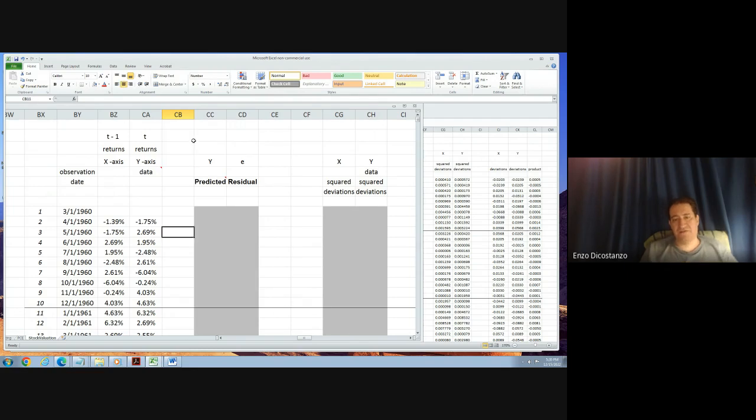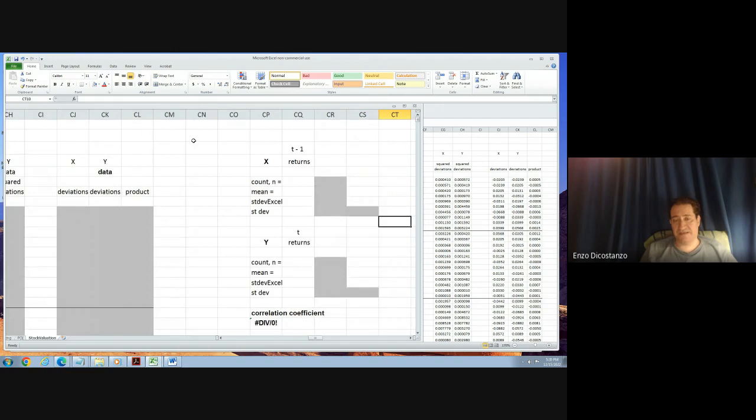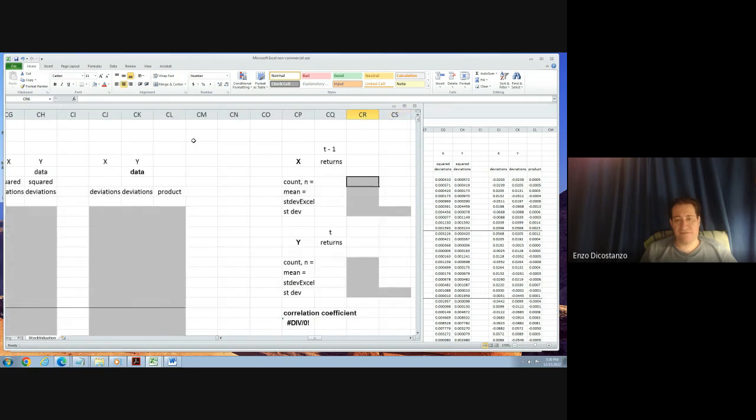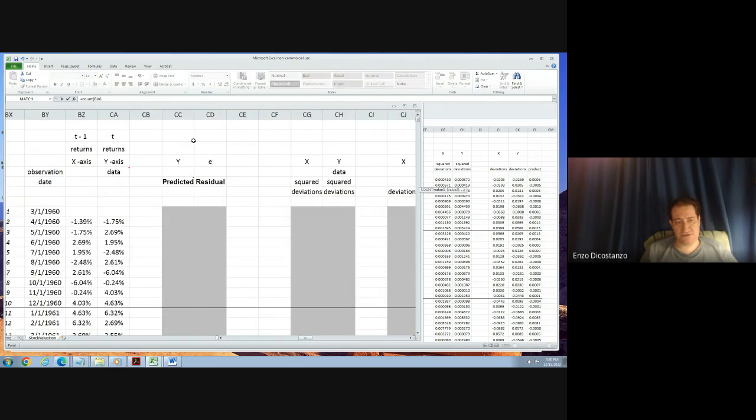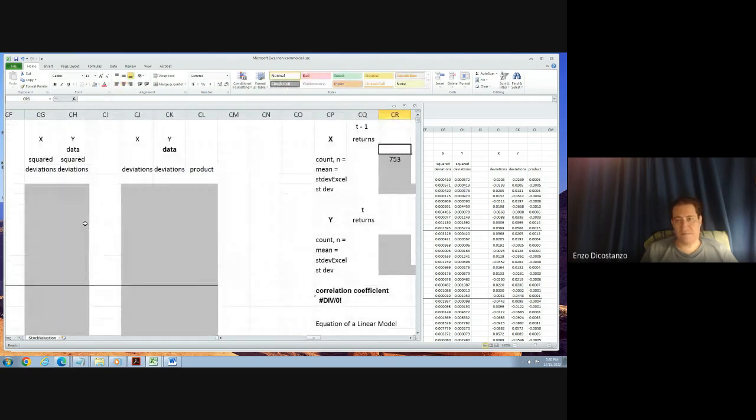Okay, so now what we need first is to count these things. Let's say equals count, parenthesis. Click right there, shift control down. 753 pieces of data.